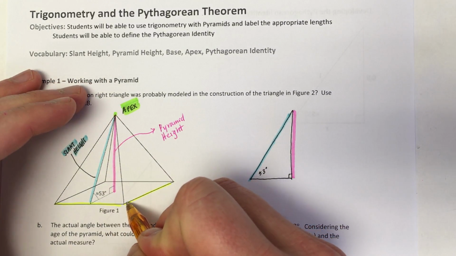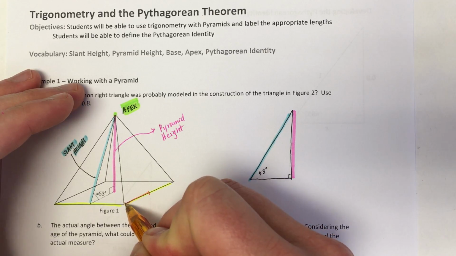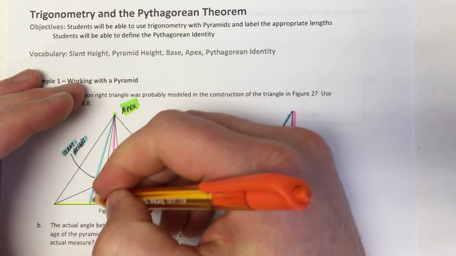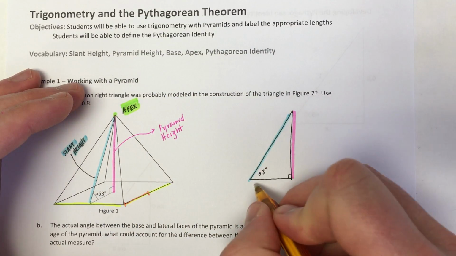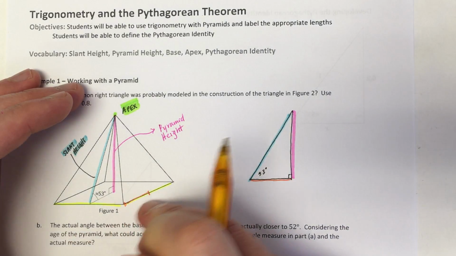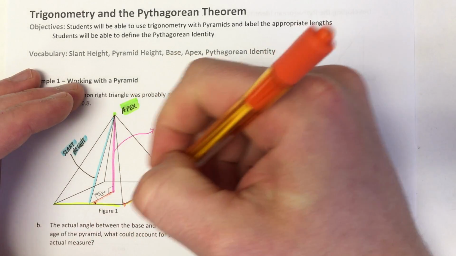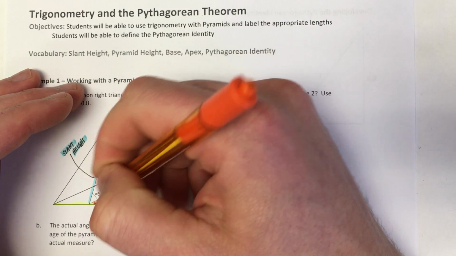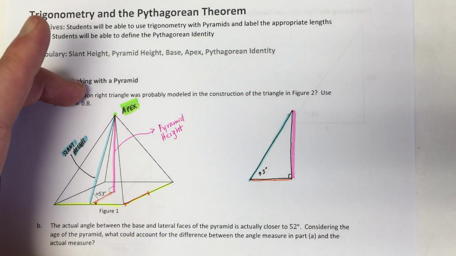Because the base is actually only 1/2. Okay, the way the pyramid in this square pyramid is, it's really only the 1/2 of this yellow part. So we can highlight this in orange, but the base is only 1/2. And the reason why it works that way is because this triangle is parallel to that.